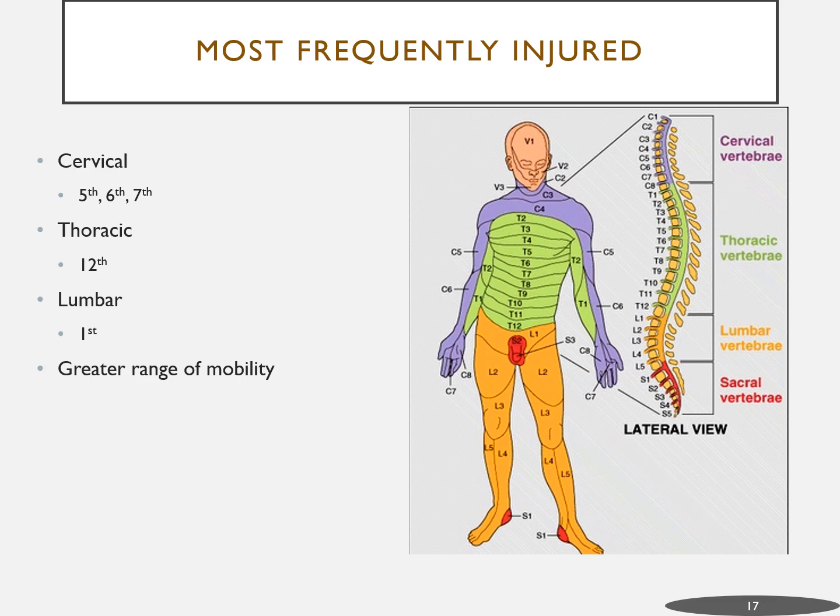And when we look at our most frequently injured vertebrae, often they're the vertebrae that have the greatest range of mobility. So up in our cervical area, C5, 6, and 7, usually around T12, and our first lumbar. Those are the areas where we really have a lot of mobility.